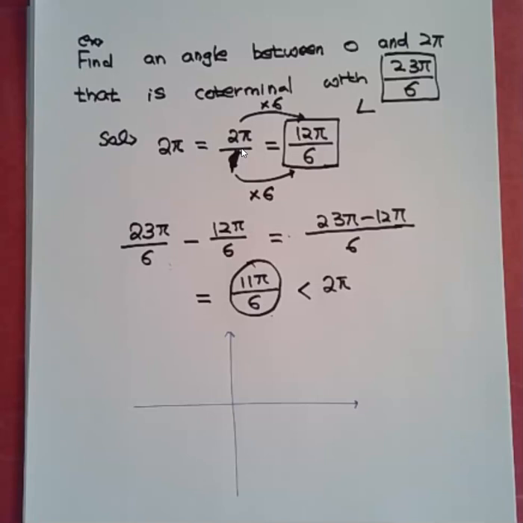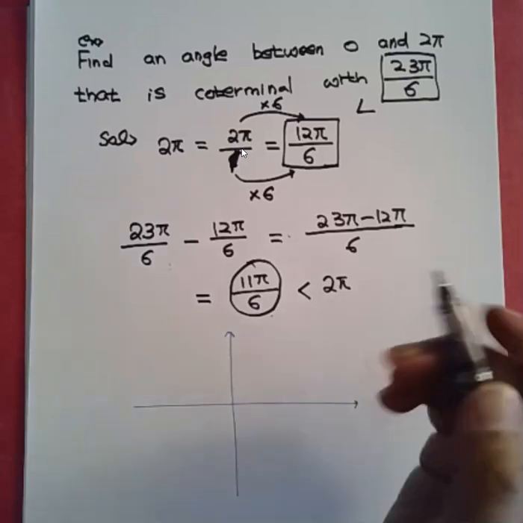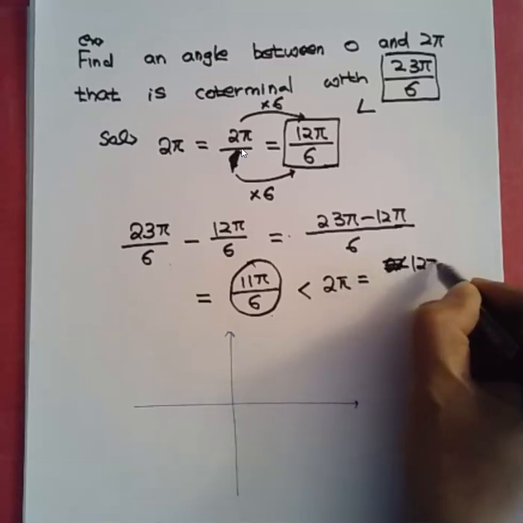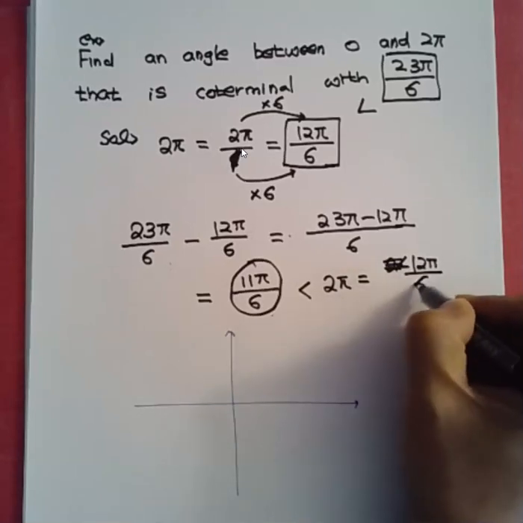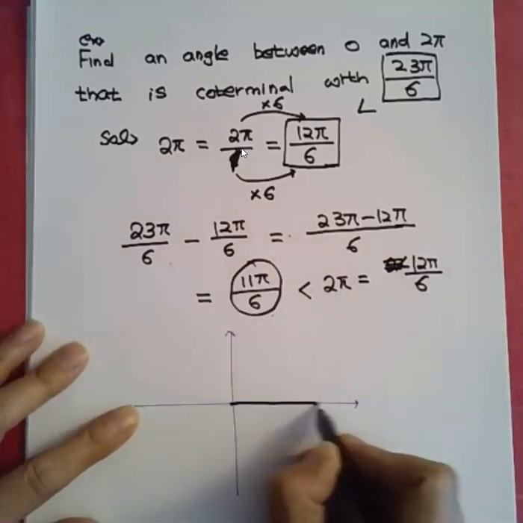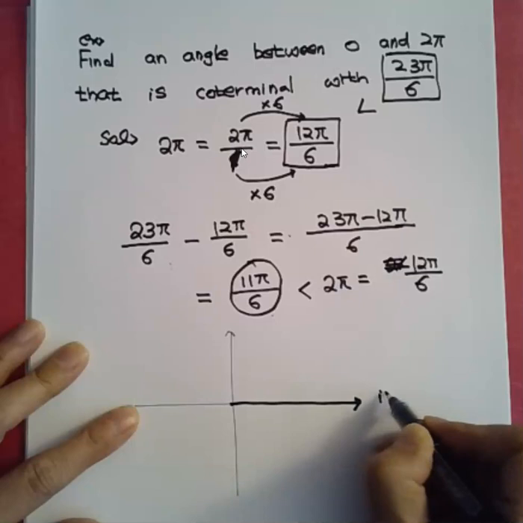Let's locate the angle. We have to locate the angle 11 pi over 6. That is a little less than 2 pi, which is 12 pi over 6. So this is the initial side.